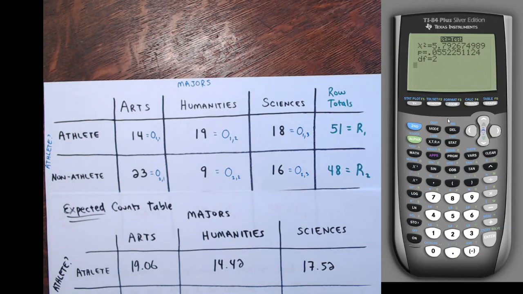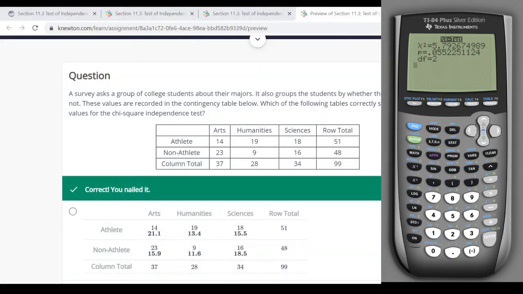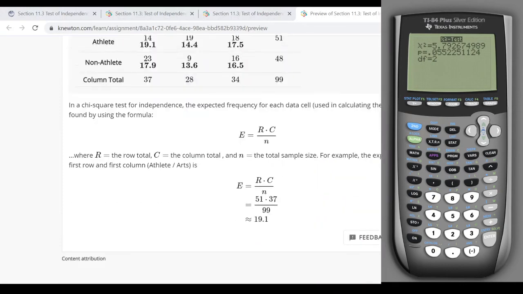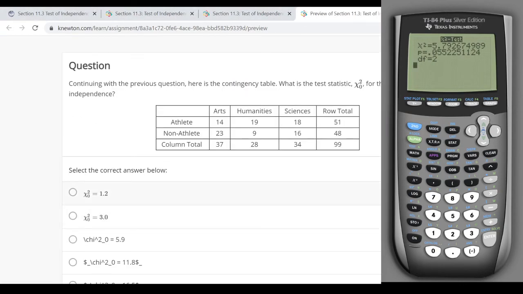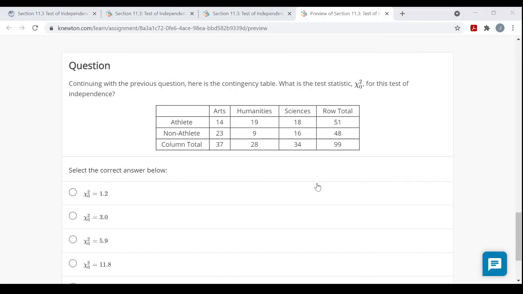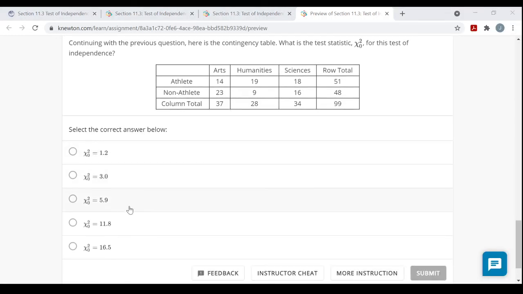All right. So let's see if they have any more to the problem here. I don't know if they do. I think that might have been it. Oh, then it asks, okay, now what's the test statistic? All right, so there is a second part to this, which we see here on our calculator, 5.79. Now again, they're doing a lot of rounding, and you've seen this with other things.